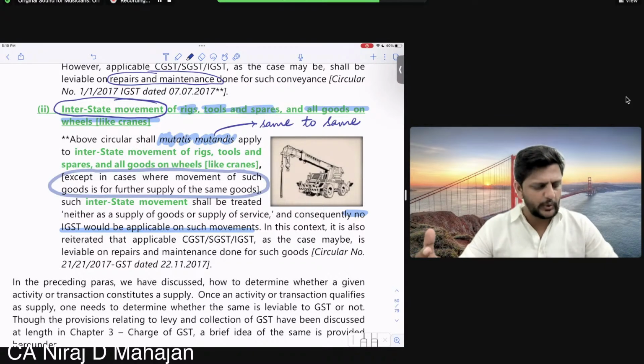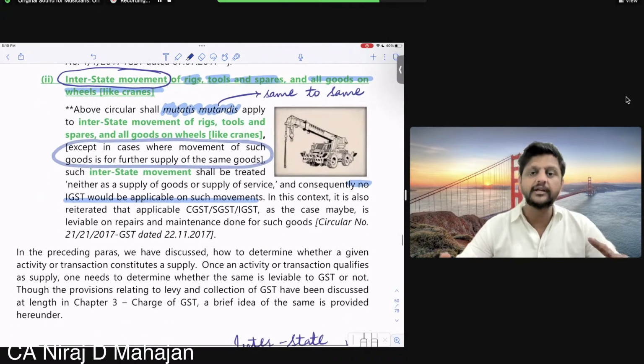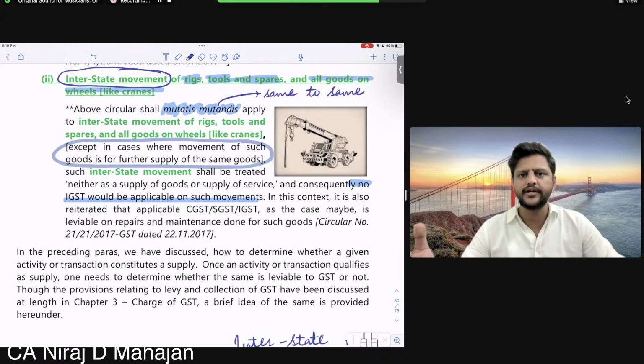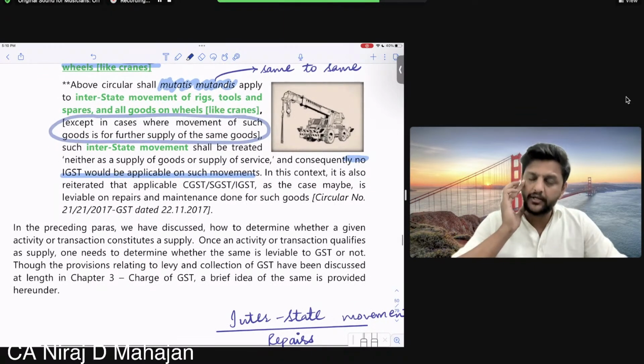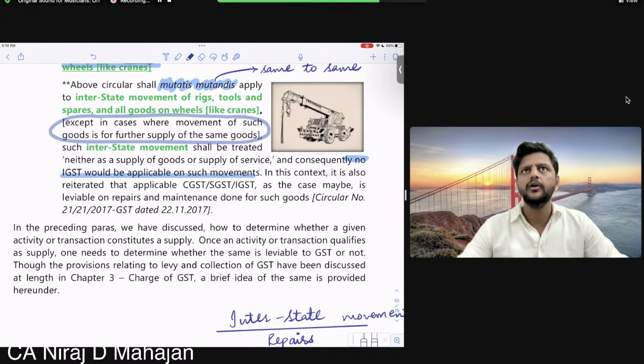Then in that case, bachcho, it will be a supply. The reason being it is to be sold in Karnataka. That's what is getting transferred. So it will be a supply. Okay. So mainly, bachcho, when will it not be a supply? If you're getting some work done in that particular state. Hai na? What work, bachcho? Transportation of goods or passengers in that state, or repairs and maintenance.